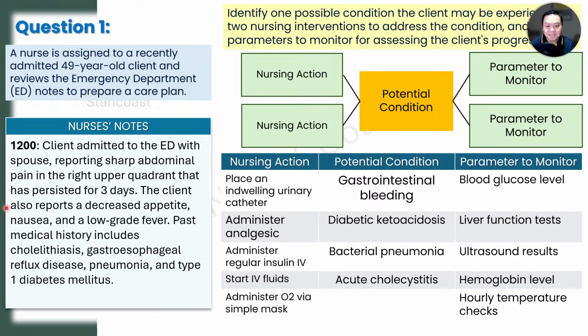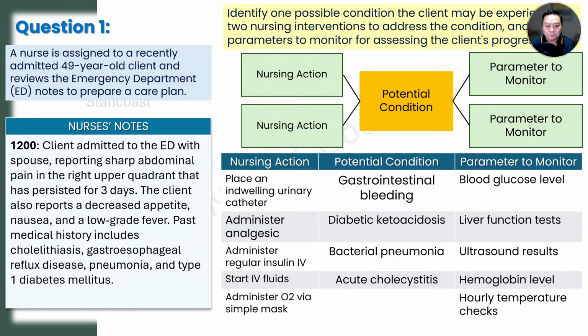It's stated that it's in the right upper quadrant, which strongly suggests that the patient has cholecystitis, as this area corresponds to the gallbladder. And you have the following options here: gastrointestinal bleeding, DKA, bacterial pneumonia, and acute cholecystitis.